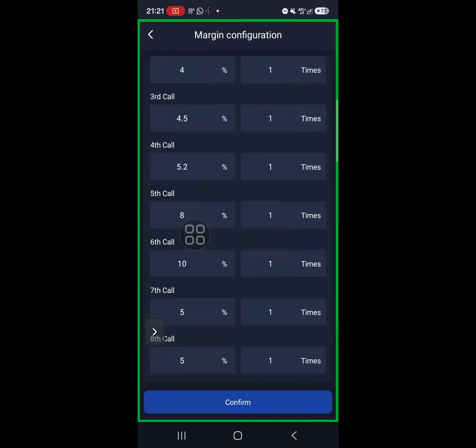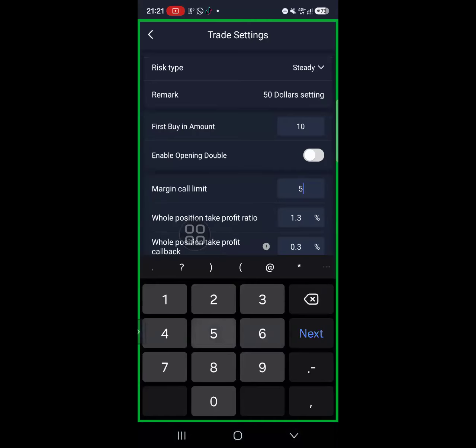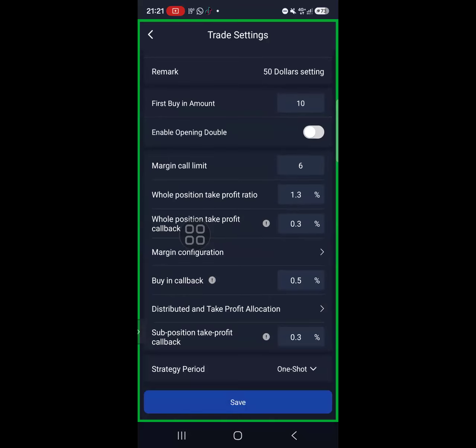Okay? So probably one could say, I do not want to buy more margin calls. I want to buy few margin calls, but every time when the price drops, let the robot accumulate more of the asset. So I'm going to reduce my margin calls, for example, to 5. Maybe let's use the 6 that we were having.